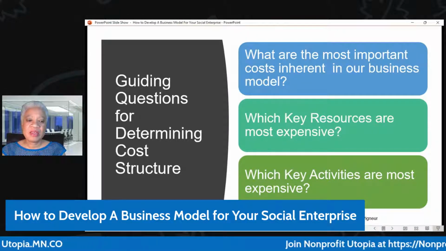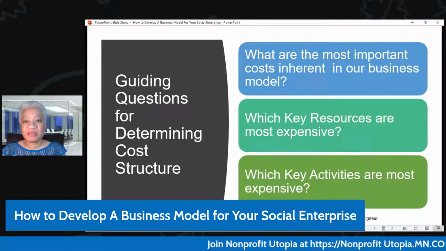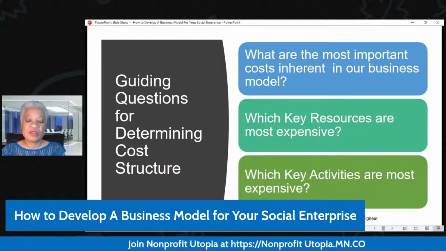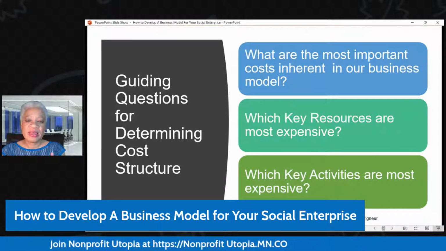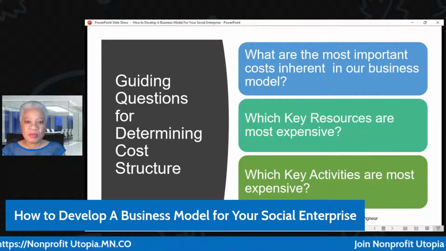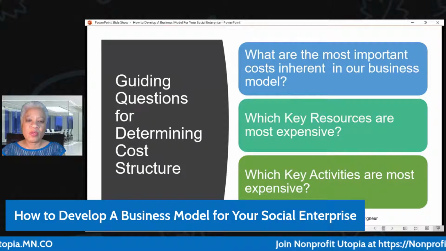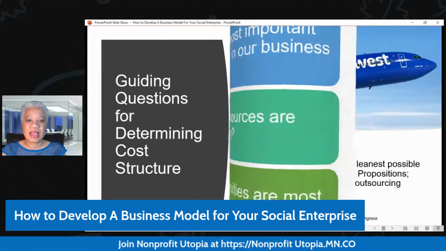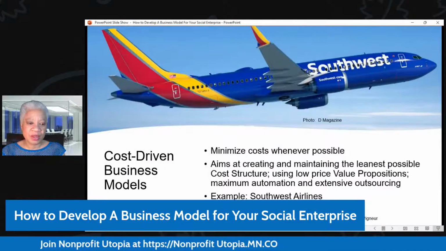And then not only for the resources, you ask the same thing for the activities. So you really want to engage in those activities and spend the most of your purchasing power on those resources and activities that are going to give you the biggest bang for the buck.